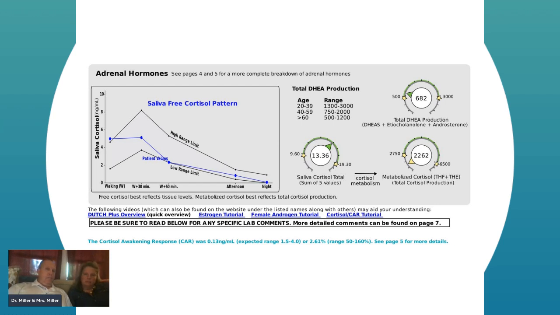So when we start to look at this and we see this total DHEA production, that takes in 3 metabolites of DHEA. The only one that we know so far that is important is DHEAS. And I would say that if we were to look at this person's DHEAS, it is probably tanked.